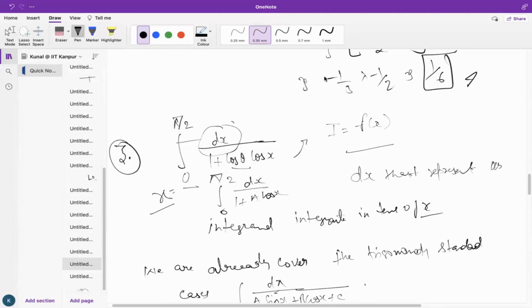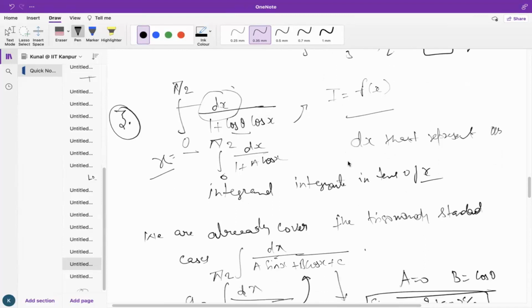But when you notice, our integrand is integrating in terms of x, so there is no variation of theta. Theta is taken as a constant. Our integrand is integrating in terms of x only, right? This is what you have to notice.